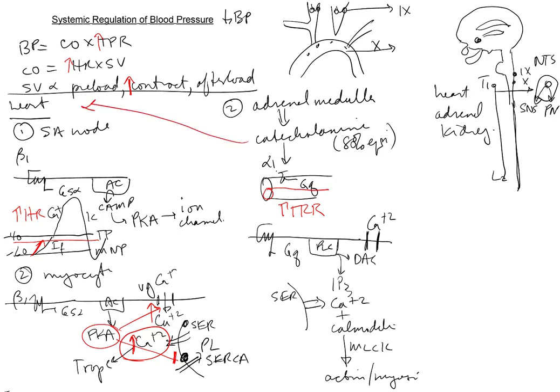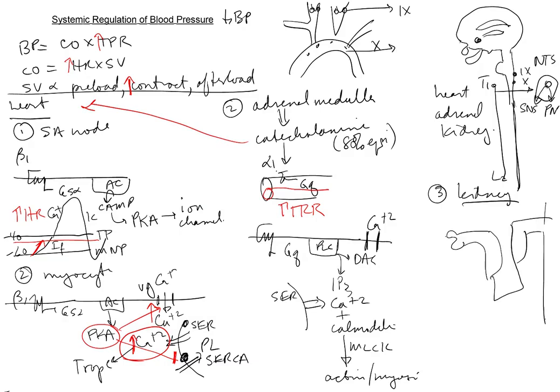The third system we want to think about is going to be our kidney. And the kidney is going to directly stimulate the juxtaglomerular apparatus of the nephron. And here is our macula densa of the distal convoluted tubule. Direct stimulation by the sympathetic nervous system is going to release renin to angiotensin 1 through ACE to angiotensin 2 and then to aldosterone.